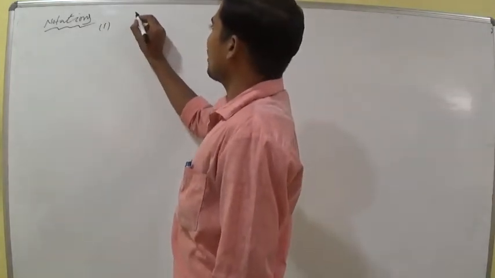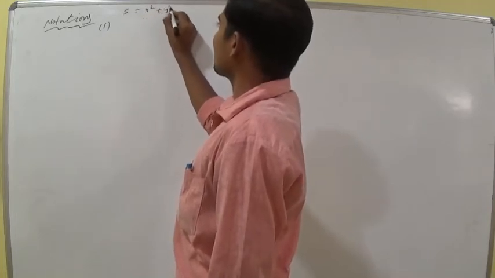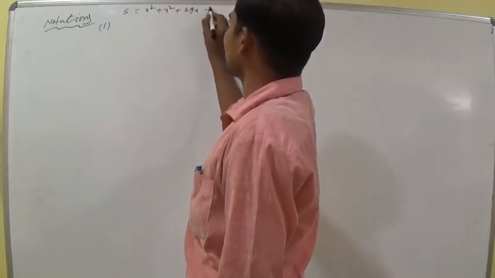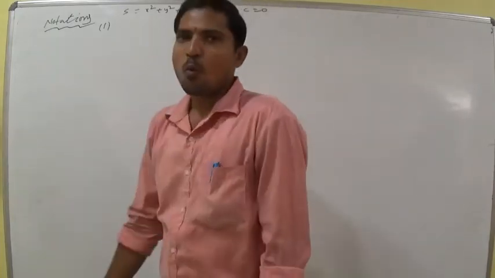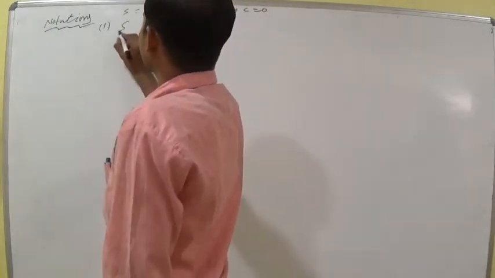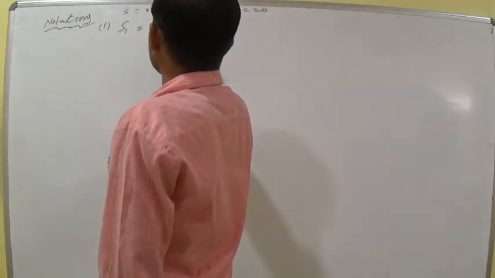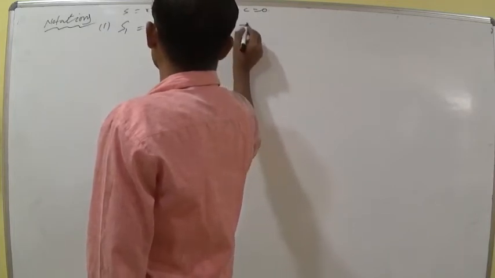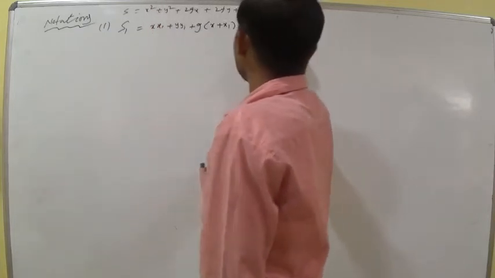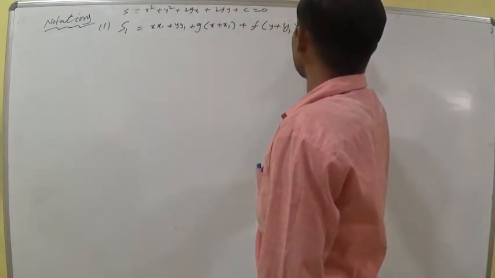First one: suppose S = x² + y² + 2gx + 2fy + c = 0, then S1 = xx1 + yy1 + g(x + x1) + f(y + y1) + c = 0.